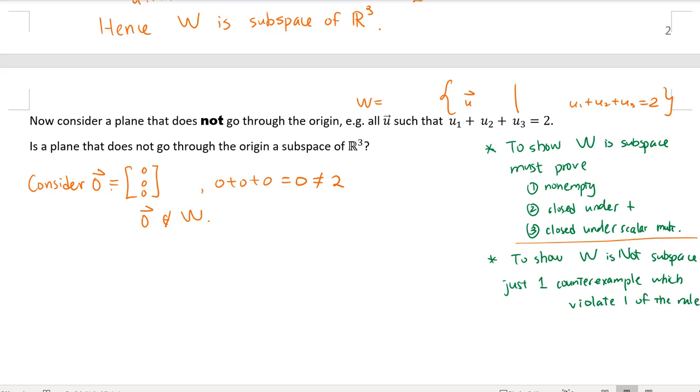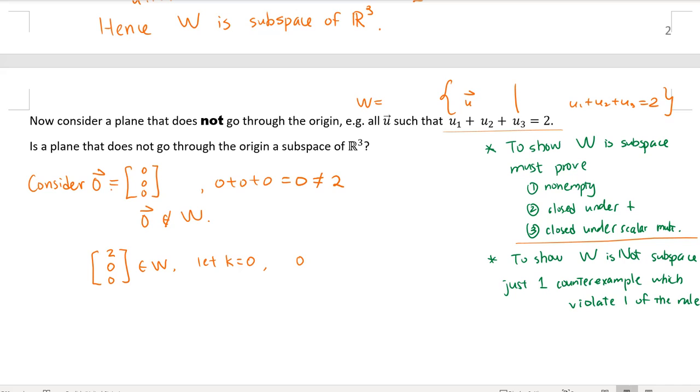Okay, because we can pick a vector in W. Let's pick a vector in W. We can let U1 be 2, and then U2, U3 be 0. Then this is in W, right? And we let the scalar multiple be 0.